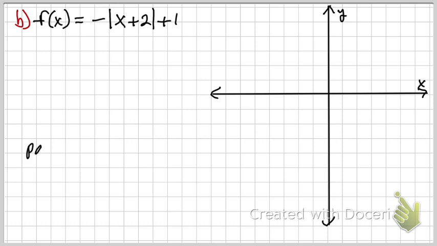What's the parent here? Absolute value. All right, so I know absolute value looks like this.